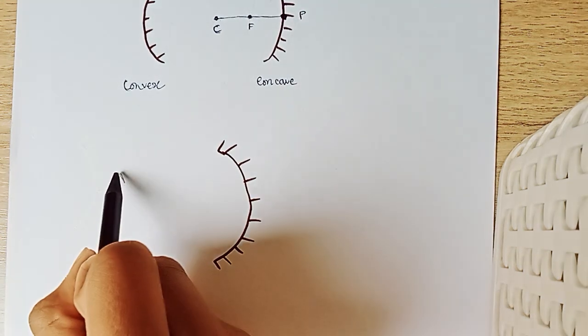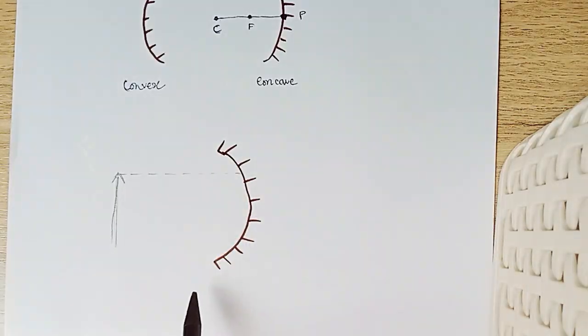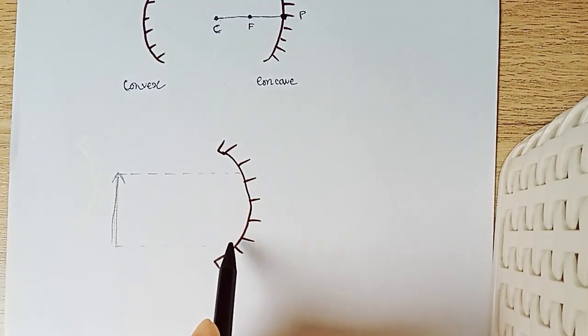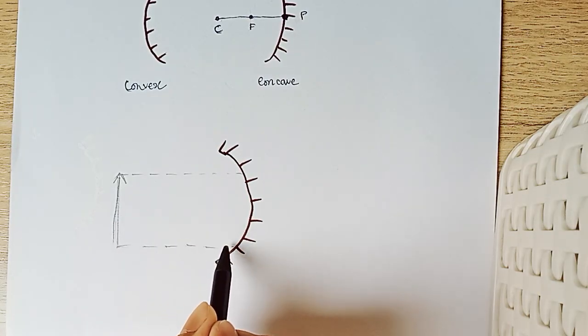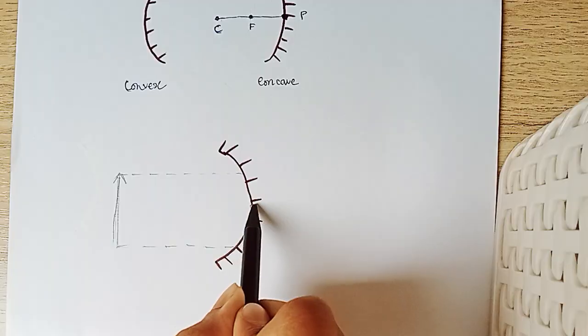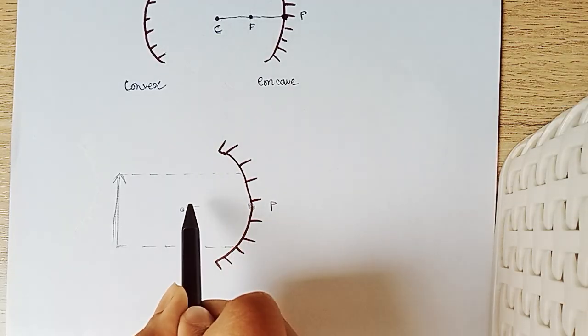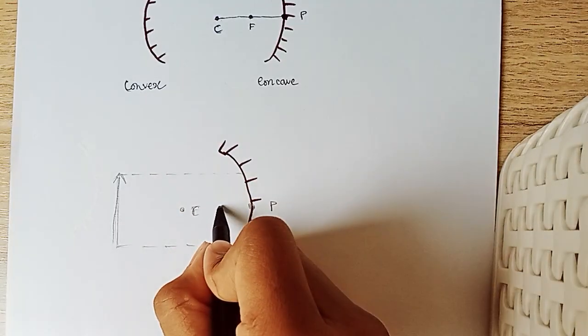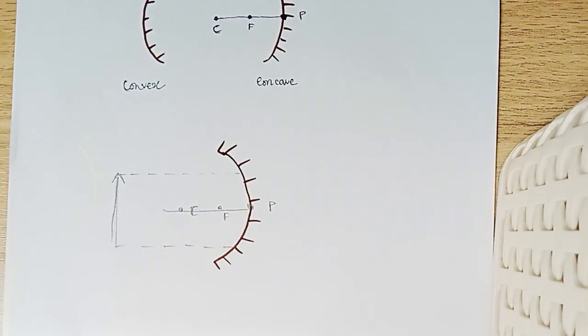The light will get incident on the concave mirror from both the ends like this. Then you draw the parts of the concave mirror: the principal axis, the focus, center of curvature, and the focus over here. Okay, like this.